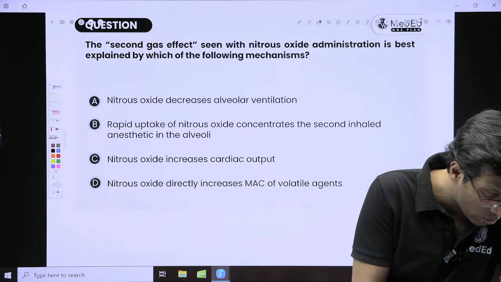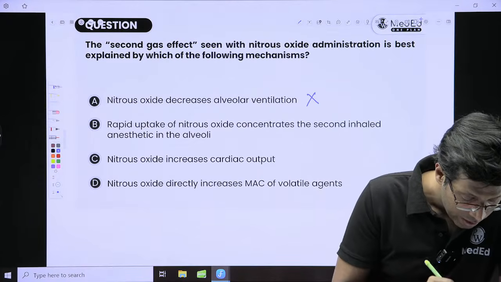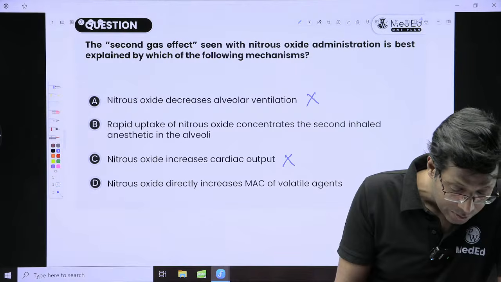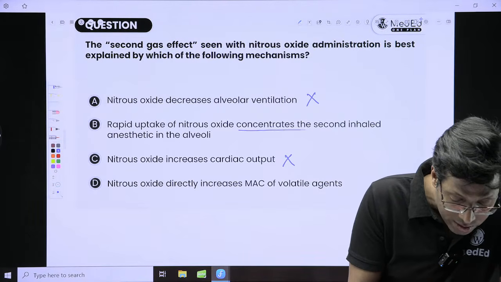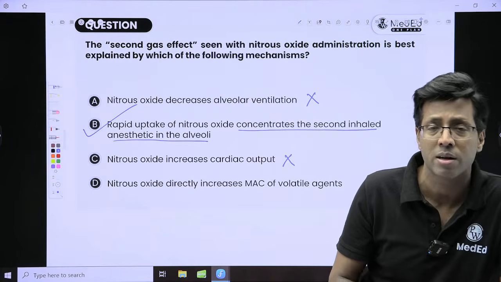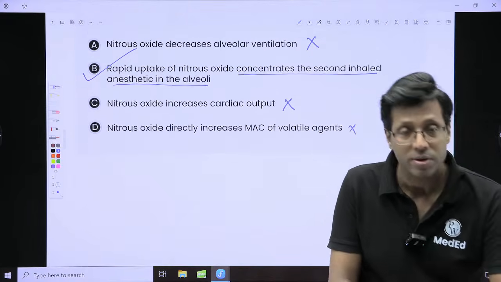Second gas effect. What is second gas effect? It decreases alveolar ventilation? No. It increases cardiac output? No. Second gas means, as the name suggests, rapid uptake of nitrous concentrates the second inhaled gas in the alveoli. This is the correct answer. It increases the concentration of the other gas.